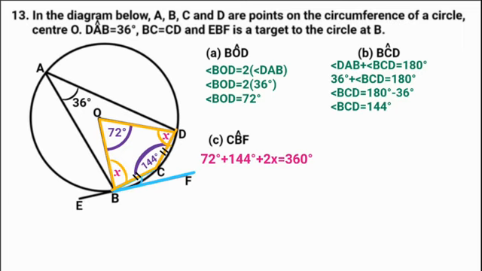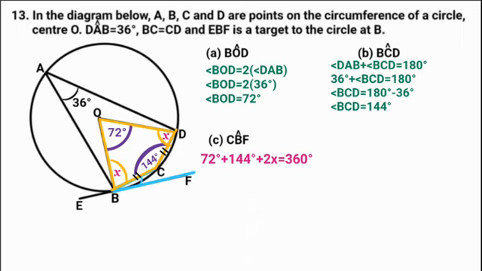If you are not conversant with the sum of interior angles, please go to our playlist called polygons, then watch the video entitled sum of interior angles of regular and irregular polygons.